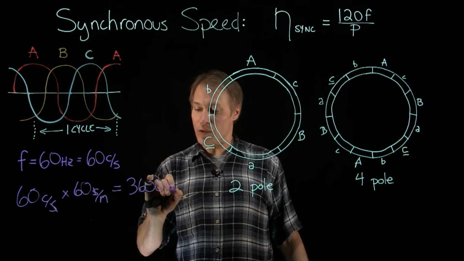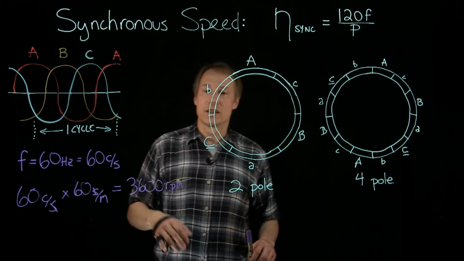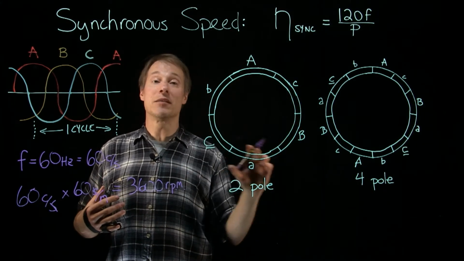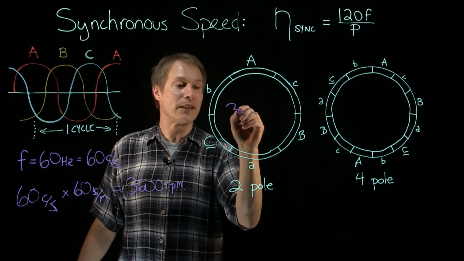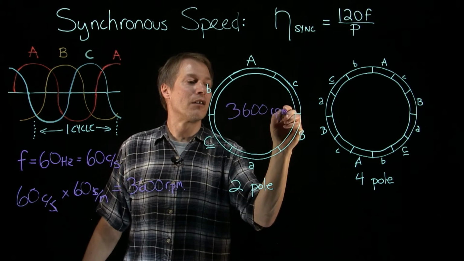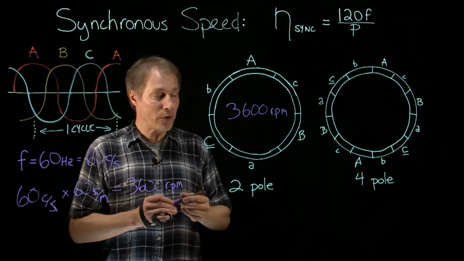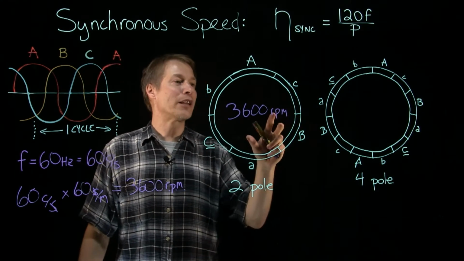We can convert that to revolutions per minute. So in North America, the synchronous speed, or the speed of the magnetic field of the stator, for a 2-pole motor is 3,600 RPM.